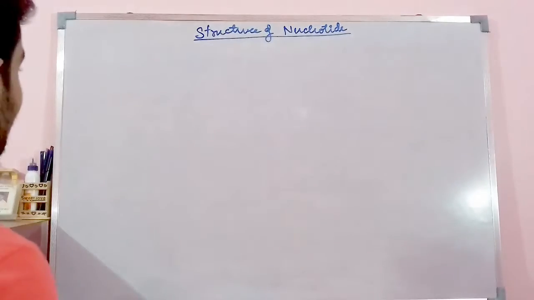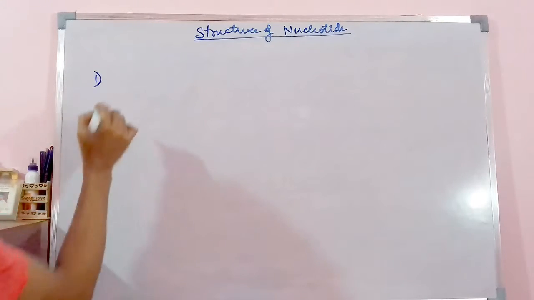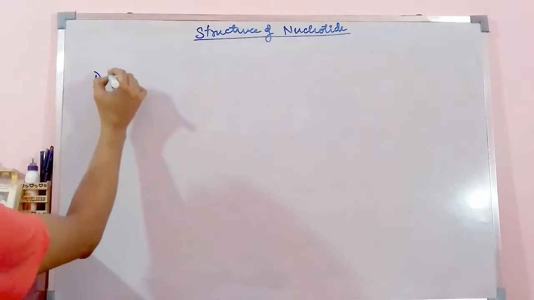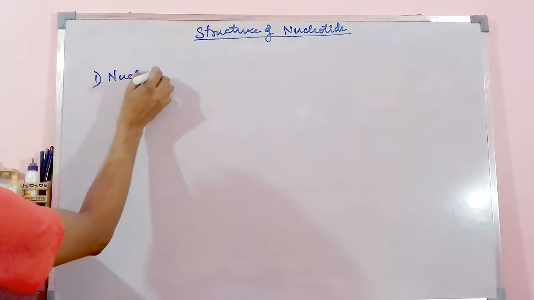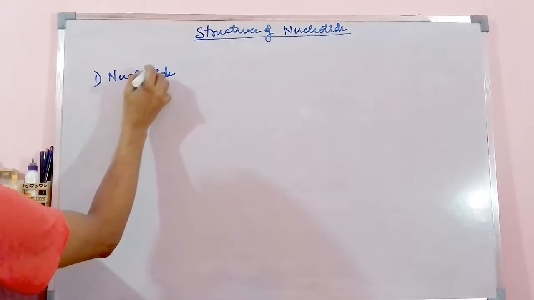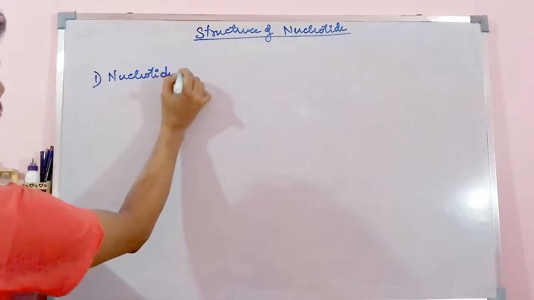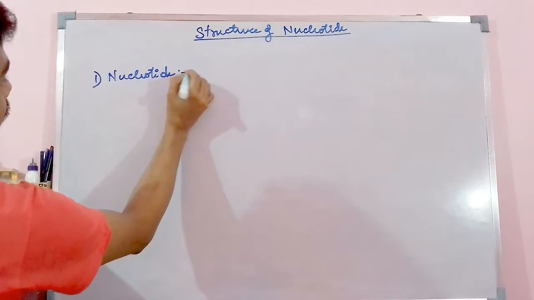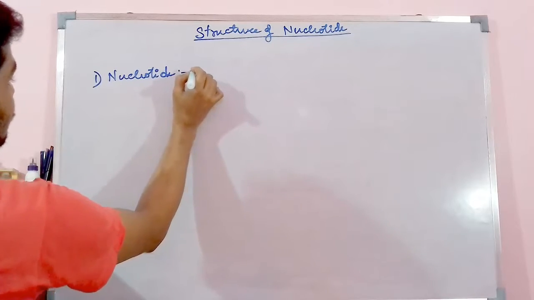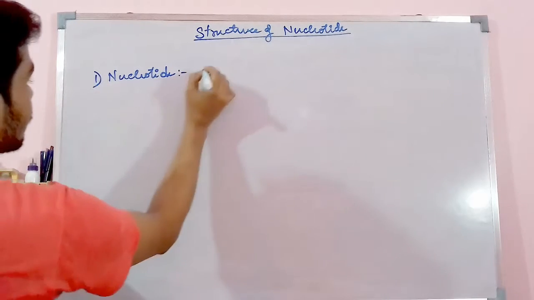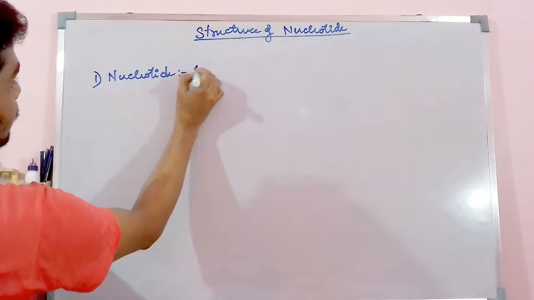So we know that firstly, as I told, there are three components of the nucleotide. If I split all those components, then the nucleotide forms with one pentose sugar. Okay, let me write here only, it will be easy.